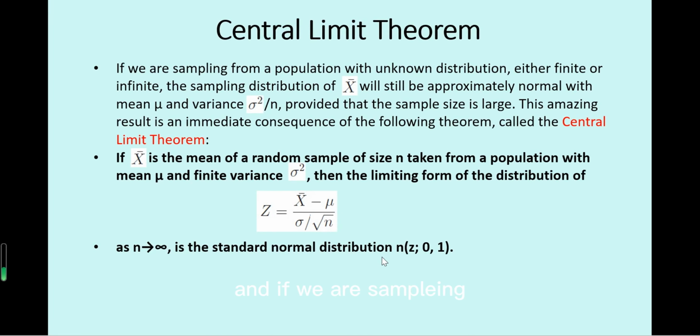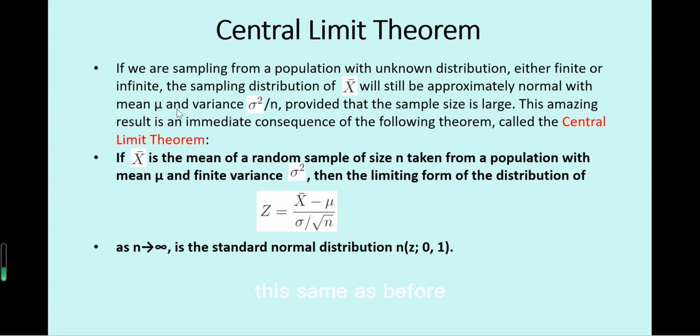And if we are sampling from a population with unknown distribution, from the previous page we know the population was normally distributed. But now if the population distribution is unknown, either finite or infinite, discrete or continuous, the sampling distribution of x bar will still be approximately normal with mean mu and variance sigma square divided by n.